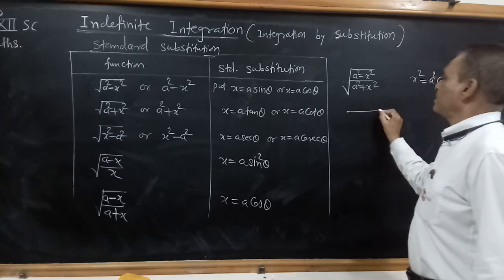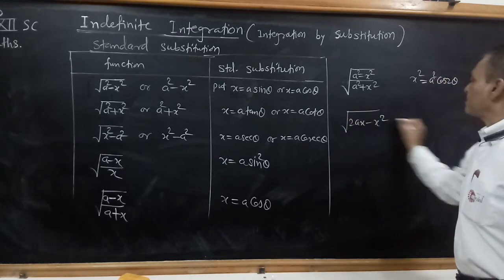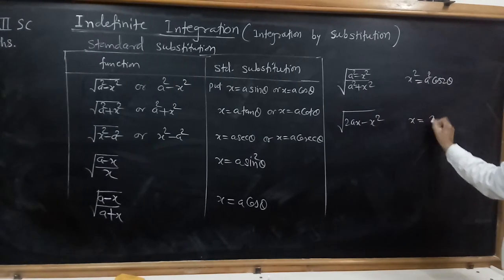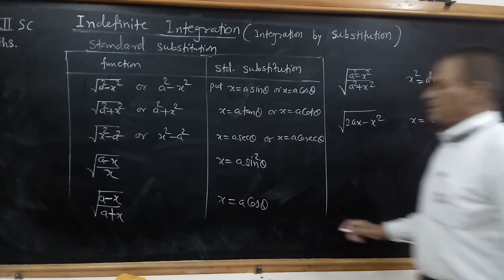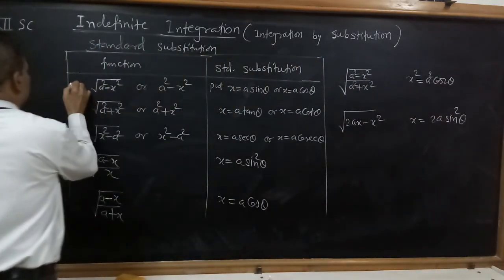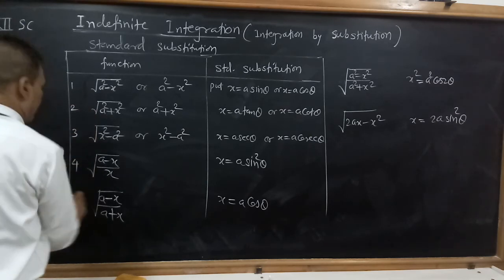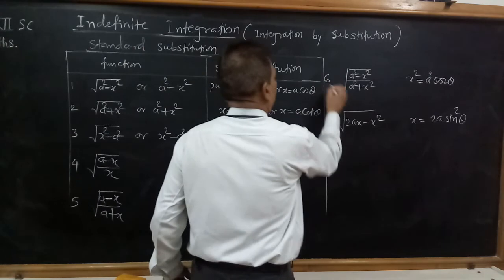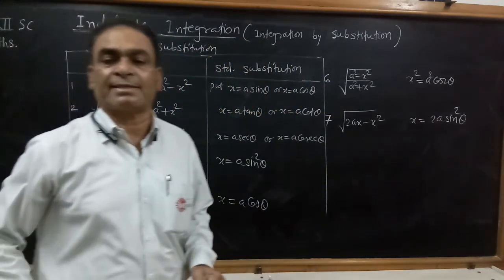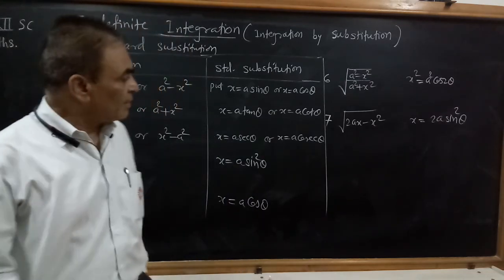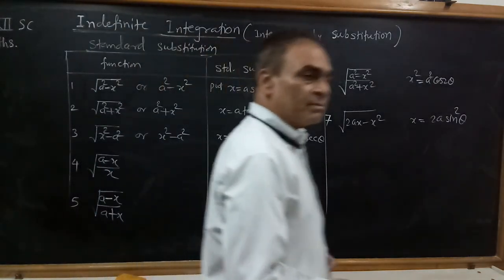And at the last, root of 2ax minus x square, x is equal to 2a sin square theta. These are the standard substitutions: 1, 2, 3, 4, 5, 6 and 7. Remember these 7 standard substitutions, then you will get the solution easily.